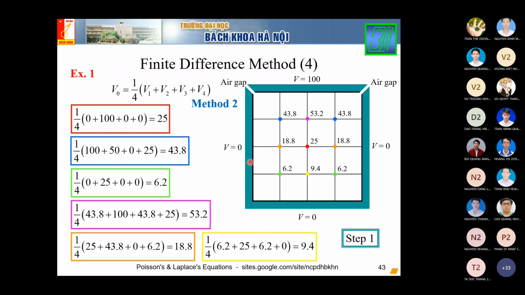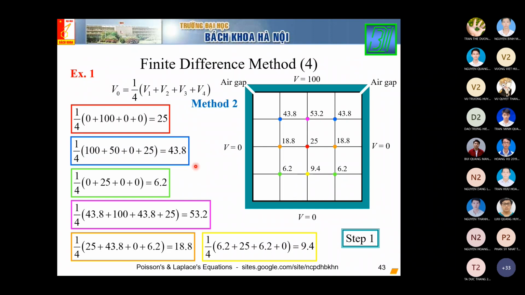This is the first step because every figure that we found here was based on the starting value 25. And I'm not sure this one is correct, because we found this one when we took the average value of two of the four far nodes, this one, this one, this one, and this one.